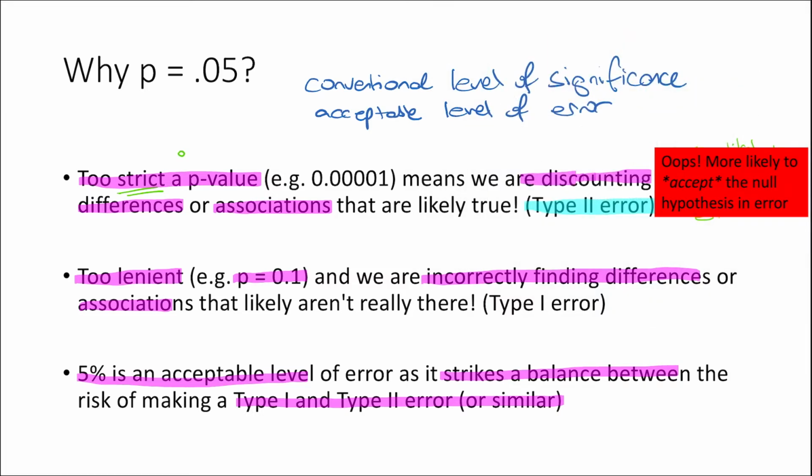In this case, actually, we're much more likely to reject our null hypothesis in error. So that's why we have a 5% level of significance. This is because it strikes a balance between the risk of making a type 1 and a type 2.